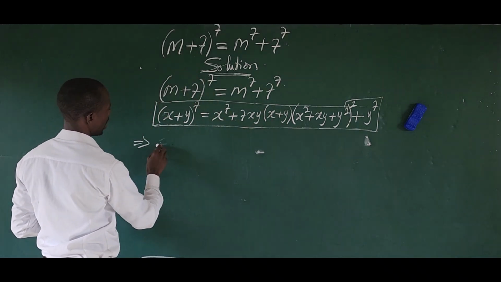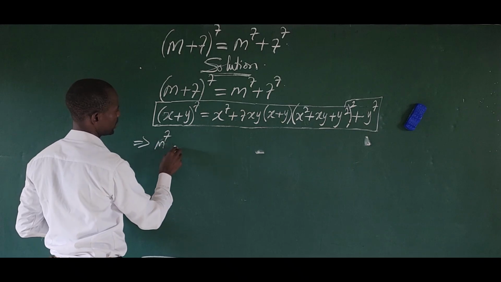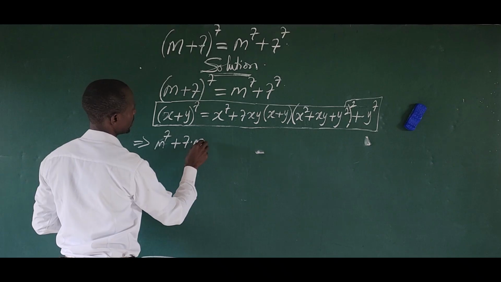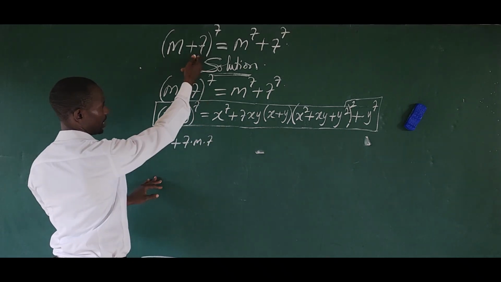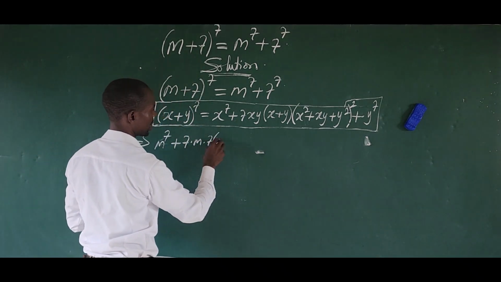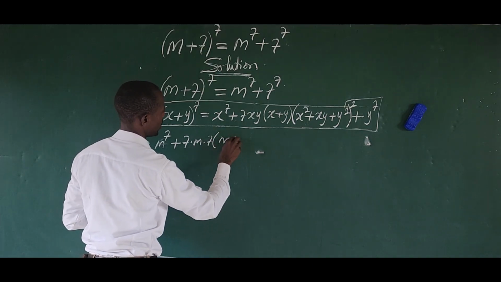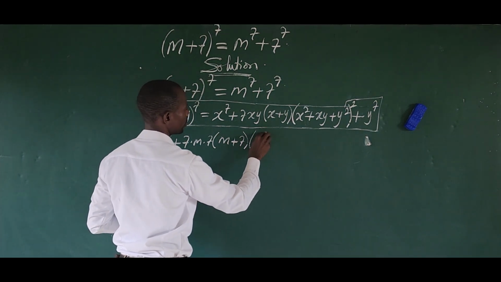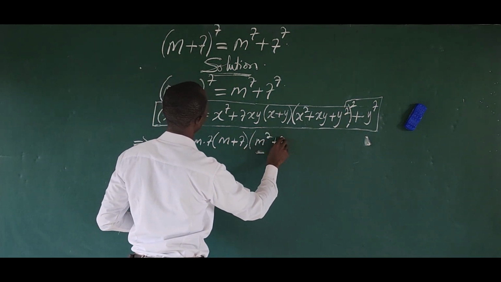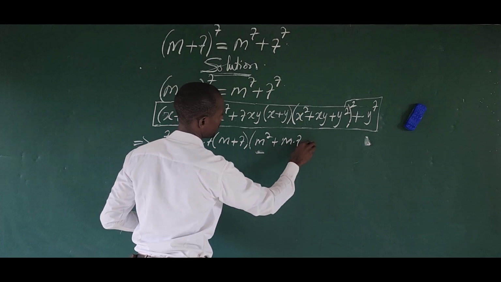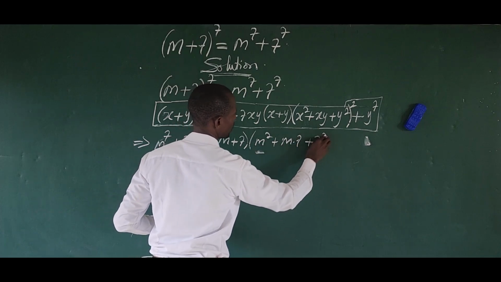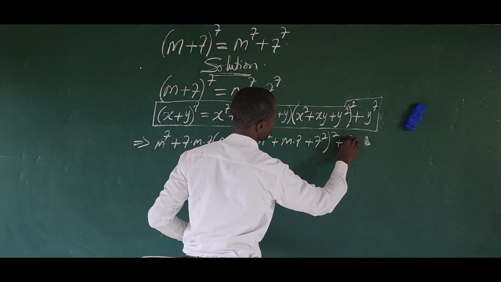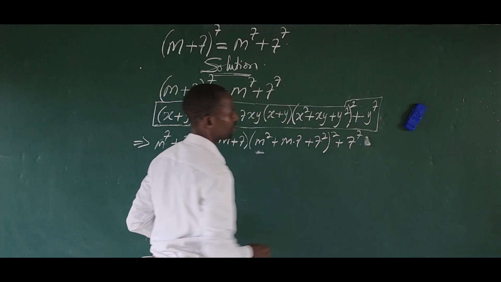So this can be written, again, we want to express this side in this form. This is going to give us m to the power of 7, plus 7 times m times 7, because our y is 7, times (m + 7), times (m^2 + m times 7 + 7^2) all to the power of 2, plus our y is 7, so we have 7 to the power of 7.